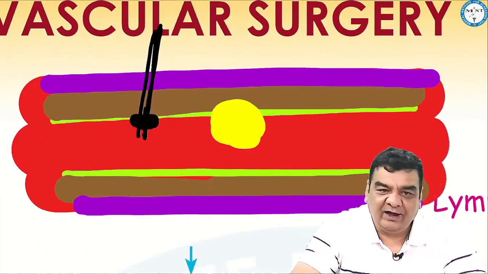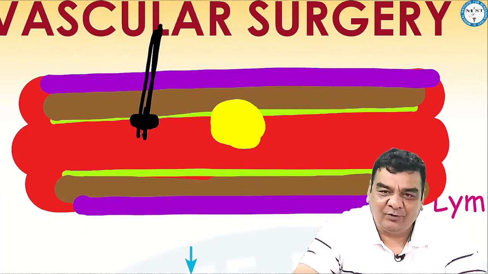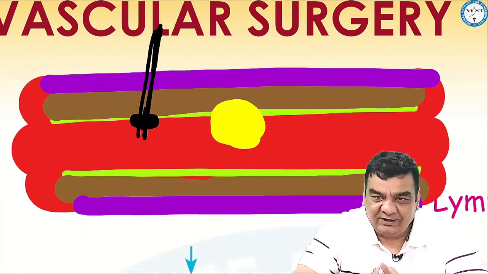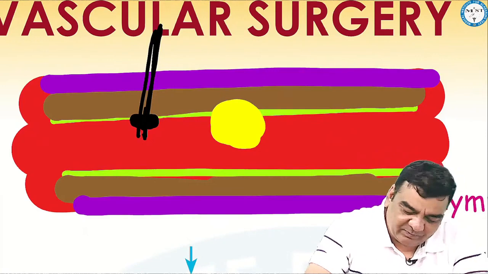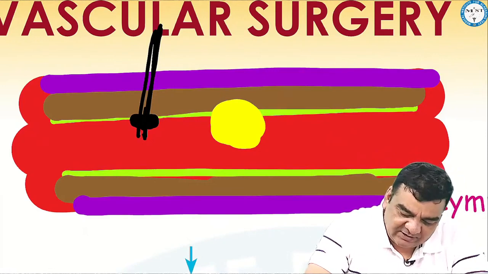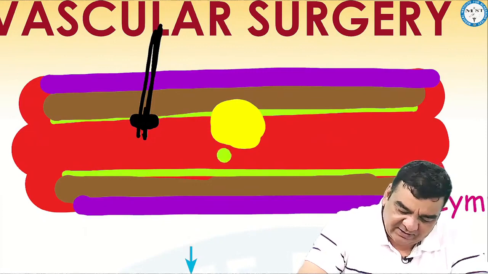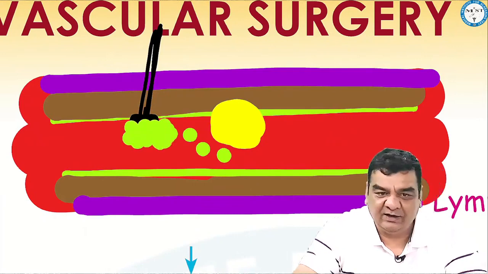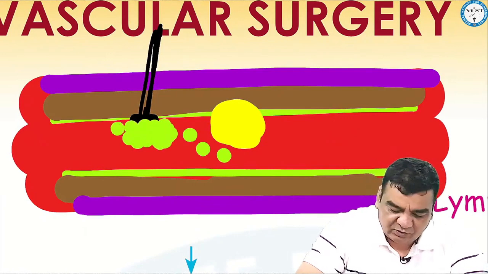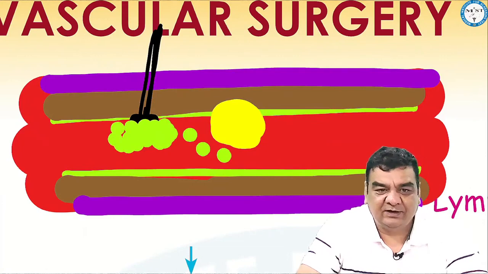And whenever there is an endothelial injury, you know Virchow's triad: endothelial injury, stasis, hypercoagulability. What happens? The platelets which are moving in the circulation may come towards the site of injury and start aggregating here, which can lead to thrombus formation.